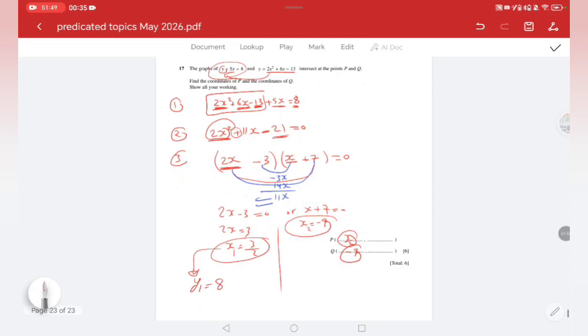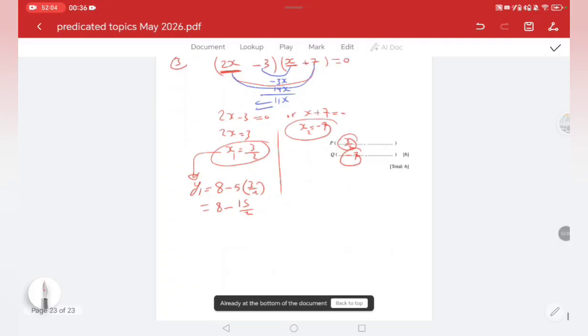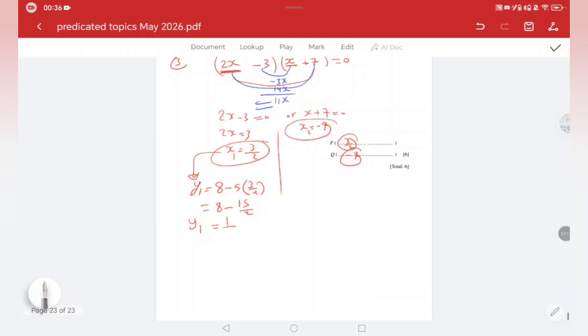So it's 8 minus 5x, where x is 3 over 2. So this is 8 minus 15 over 2. So the answer y1 equals 8 minus 7.5, so it's 1/2.